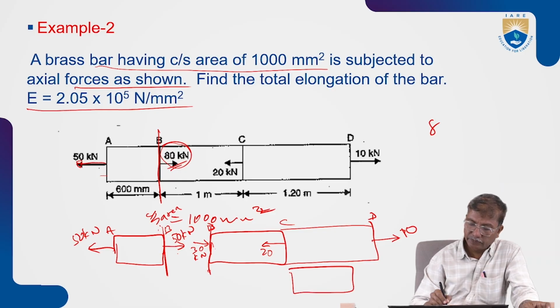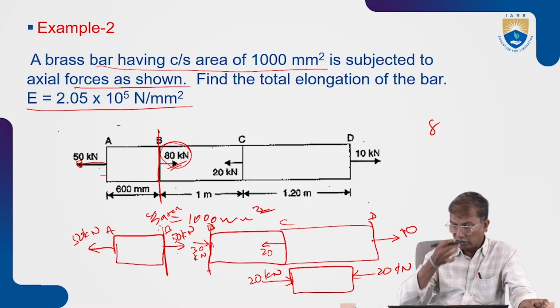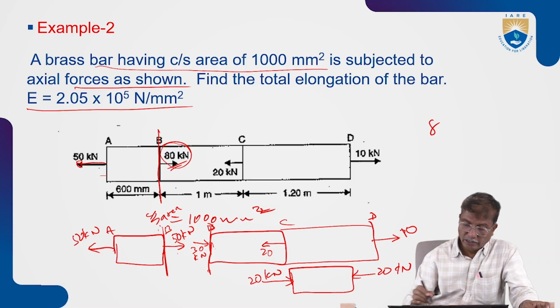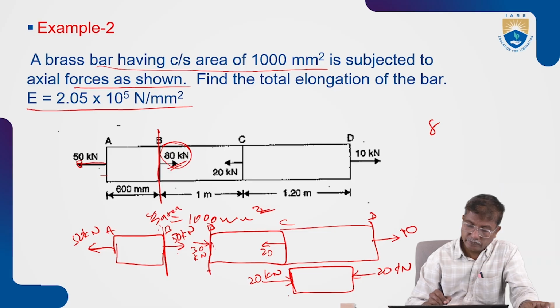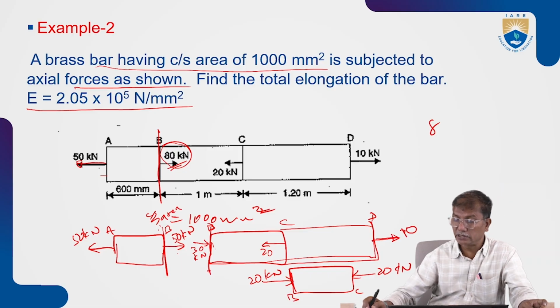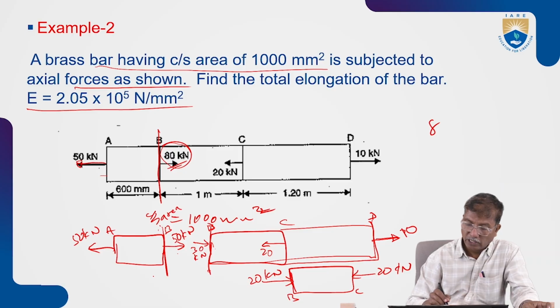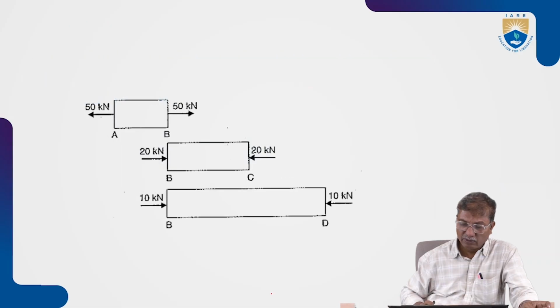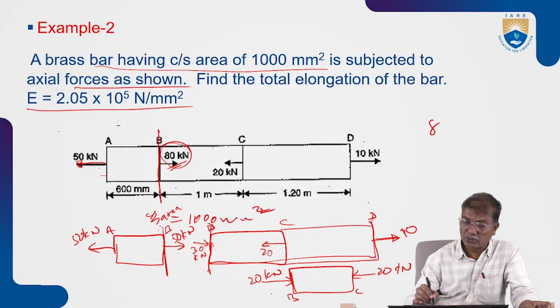If you consider BC, we have 20 here at C, compressive, and here we have 30, but out of which only 20 will be taken by BC, and the remaining 10, which is acting at B, is taken by BD, because BD is subjected to tensile at D. So you will have 10 kilonewtons at D. It is not tensile here, it is compressive actually.